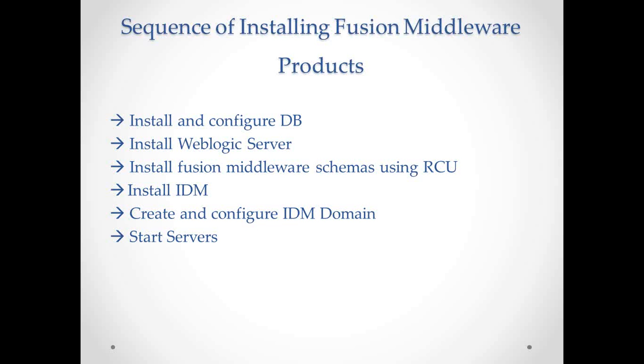Now after installing RCU, we need to install IDM. There are the binaries, and all these binaries are available on Oracle Technology Network, OTN, oracle.com. You can go and download all these products and start using them. You can install it on a Windows server or whatever platform you want.